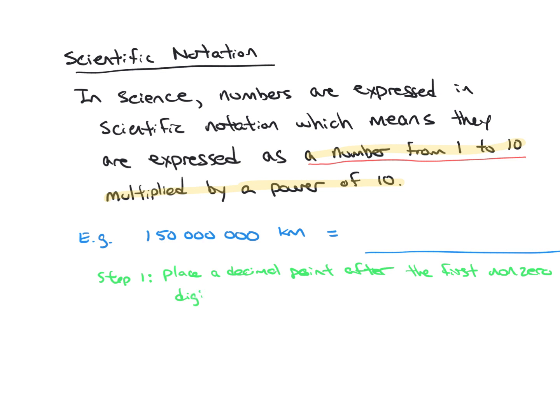Place a decimal point next after the first non-zero digit. So on this question, 150 million, the first non-zero digit is 1. So I'm going to place a decimal point there. See, I'm color coordinated here. I did that in green because step 1 is in green.